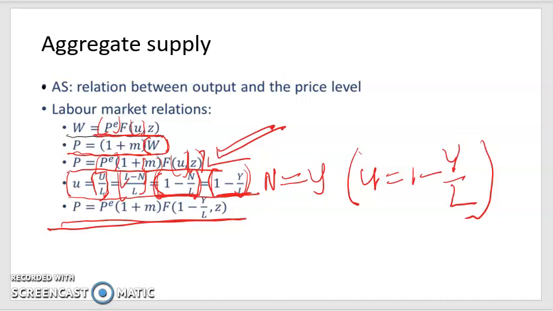So given that M, Z, and L are constant, the aggregate supply relation basically tells us that the price level depends on the expected price level and output. Okay, so the AS relation has two basic important properties.